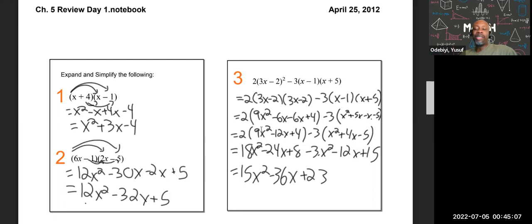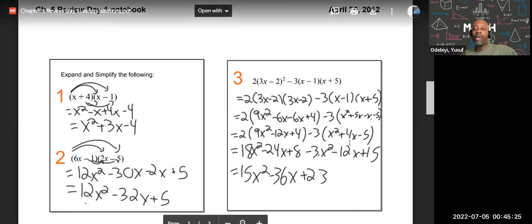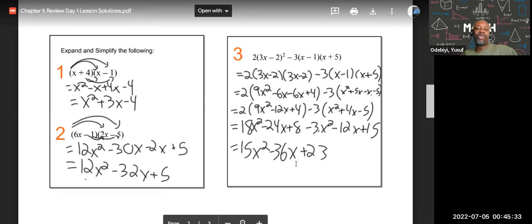So it'll be 2 times 9x, which is 18x squared. 2 times negative 12x is negative 24x. 2 times 4 is 8. Over here, negative 3 times x squared is negative 3x squared. Negative 3 times plus 4x is negative 12x, and negative 3 times negative 5 is 15. Then you simplify, and that's what you get.